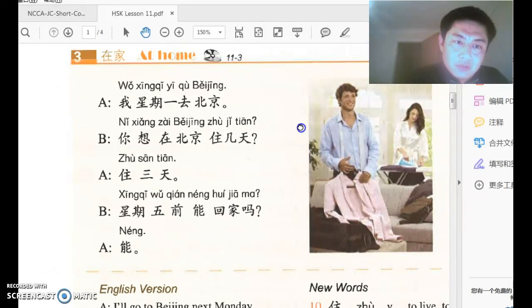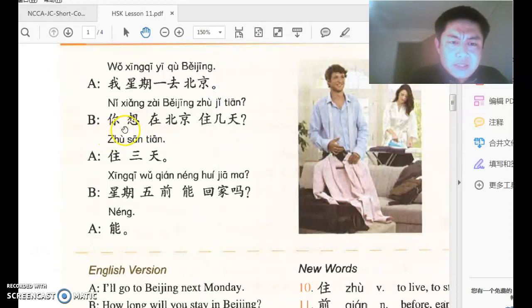Now, number 3, we have A saying 我星期一去北京. 星期一 is Monday, time before action, 去北京 go to Beijing. And B says 你想在北京住几天? 几天 how many days? A very small number. You live how many days? There's a time after a verb. Why? I thought we talked about time before action.